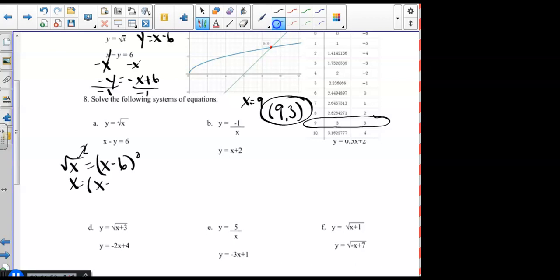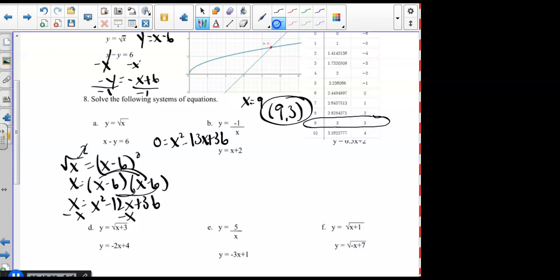We are going to get the quantities x minus 6 times x minus 6 multiplied together. We can distribute the binomials. We'll get x equals x squared minus 12x plus 36. Subtract x, and we will get 0 equals x squared minus 13x plus 36.